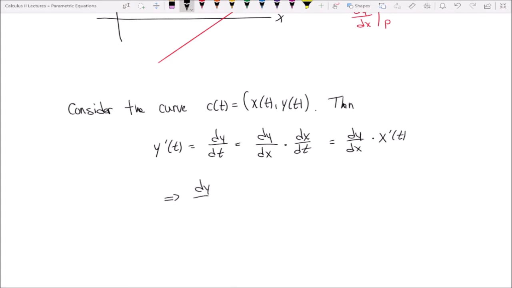Well, that would mean that dy dx is equal to dy dt over dx dt, or simplified, y prime of t divided by x prime of t.